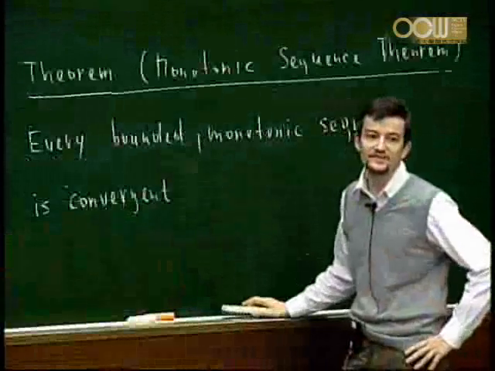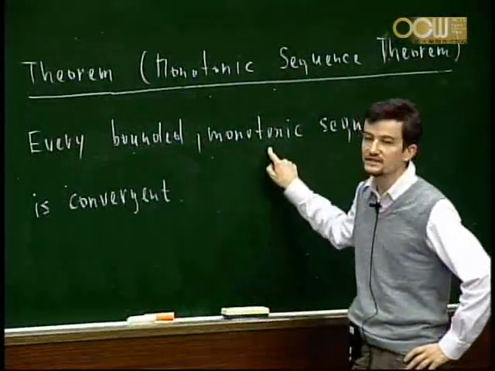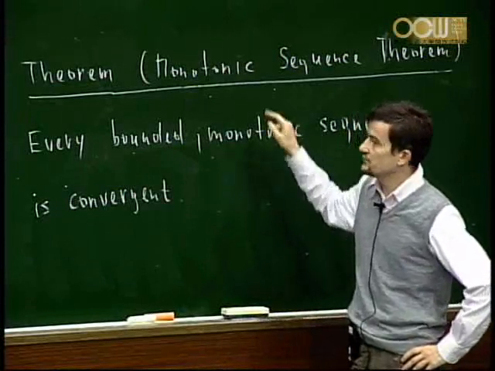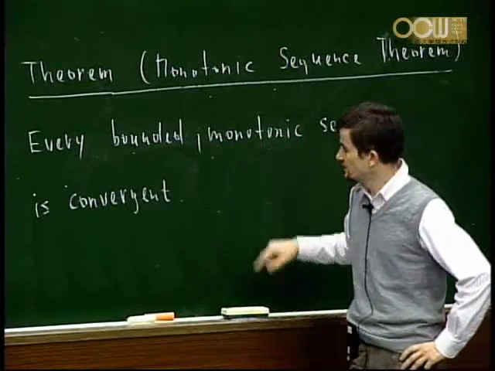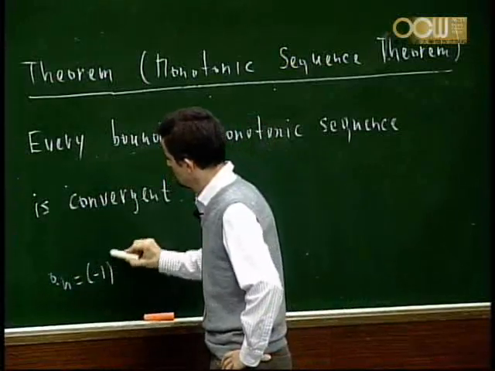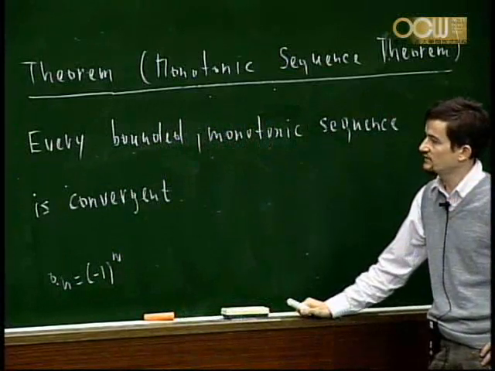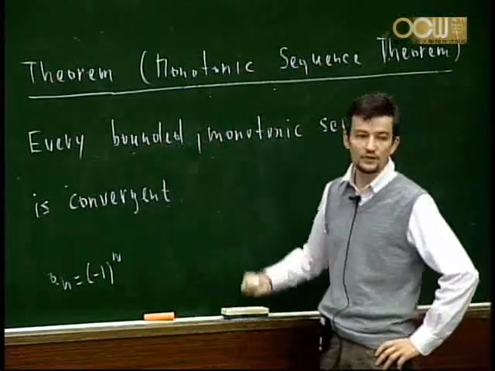All the conditions are necessary. If you drop, for instance, monotonicity, then the theorem will not hold, because if you look at this sequence, this sequence is bounded, but not convergent.